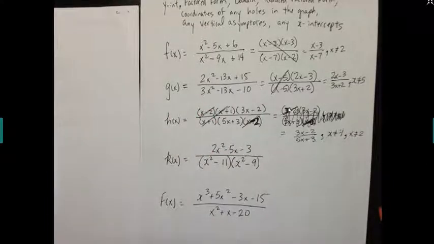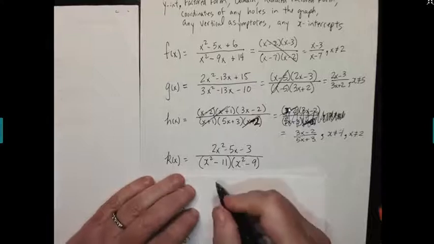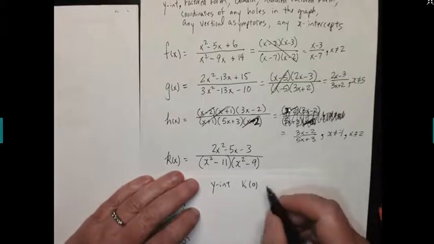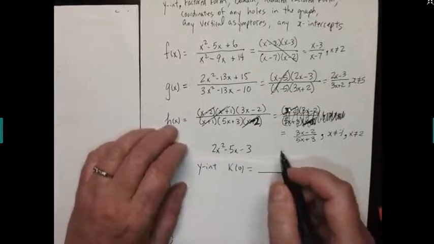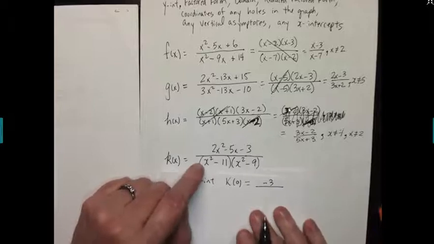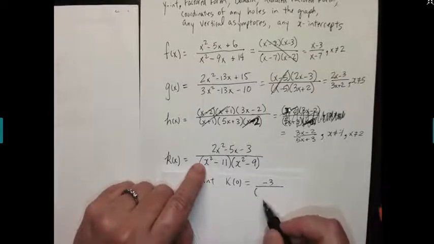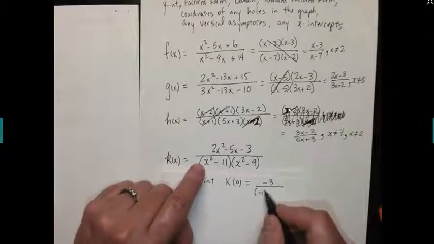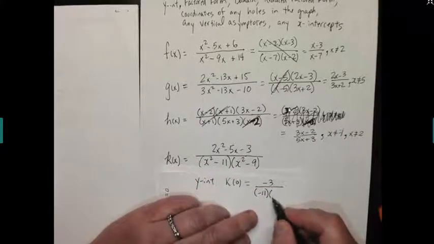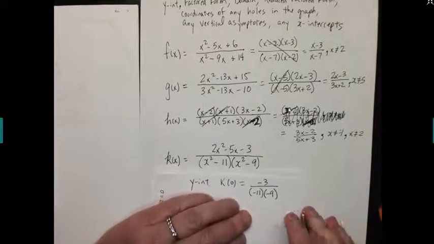Okay, what about this one? K. All right, so for the y-intercept, I find k evaluated at 0. So when x is 0, I'm going to be left with -3 in the numerator. When x is 0, that'll become 0 minus 11, which is minus 11. That will become 0 minus 9, which is -9.